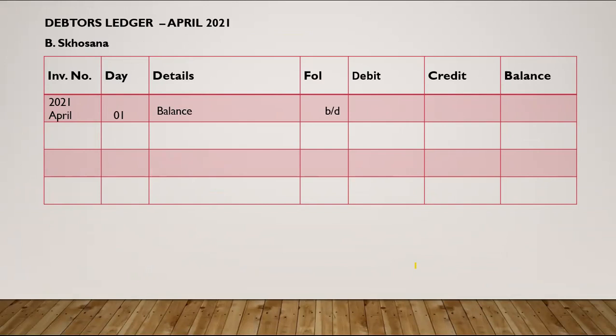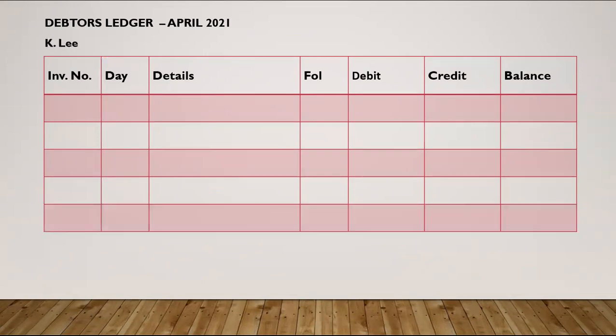Bisco Sana at the beginning of the month was owing 500 Rand, and Kylie at the beginning of the month was owing 400 Rand. We are going to write that again as account rendered on the 1st of April. And the account which is balance brought down, it will be 400 Rand.